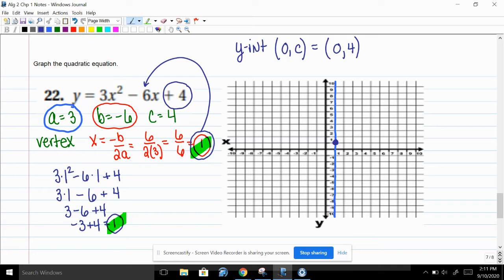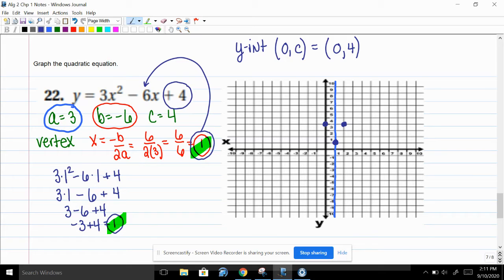That's why it's called a y-intercept. Your y-intercept is (0, 4), which is right there. Now that's going to help us find another point, because remember, this is symmetrical. So if I flip that dot over my axis of symmetry, I'm going to land right there. So you can kind of get a feel for what my U is starting to look like here.